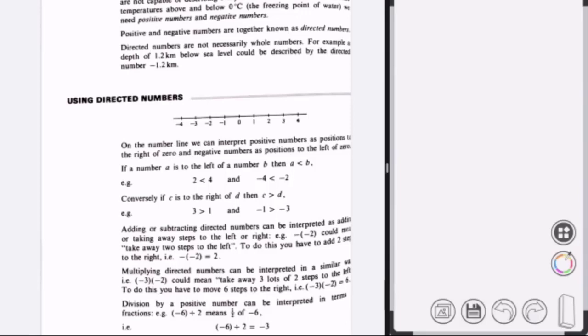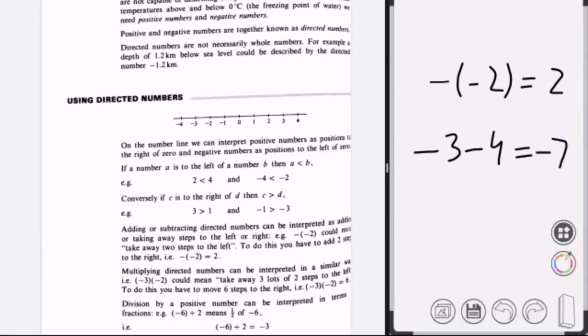And keep in your mind, when we multiply a minus value by a minus value, it will become plus. When we add a minus value to a minus value, the sign will remain minus.